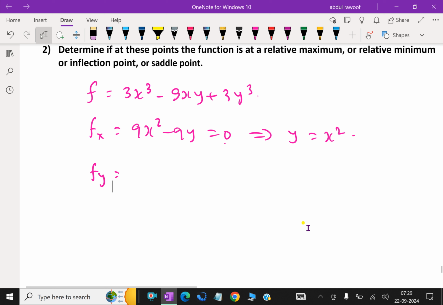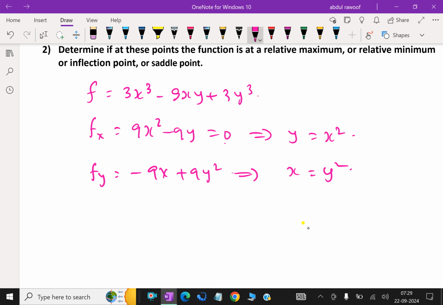This becomes 9 minus 9x plus 9y squared, which gives x equal to y squared. That is the second condition, x equal to y squared. So we have two conditions.